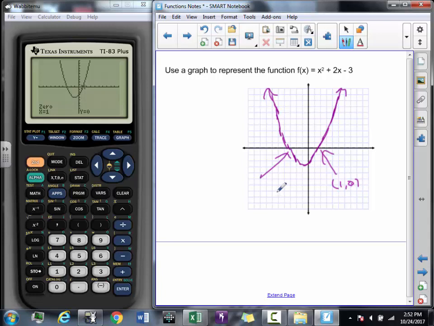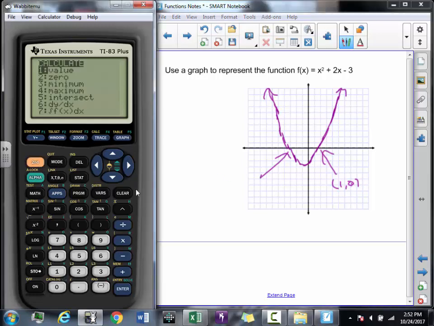There's the second one though. So I still have to do second, calculate, zero, only I have to scroll the cursor way over here. I have to click clearly on the left-hand side, clearly on the right-hand side. See how that narrows down a little search range?